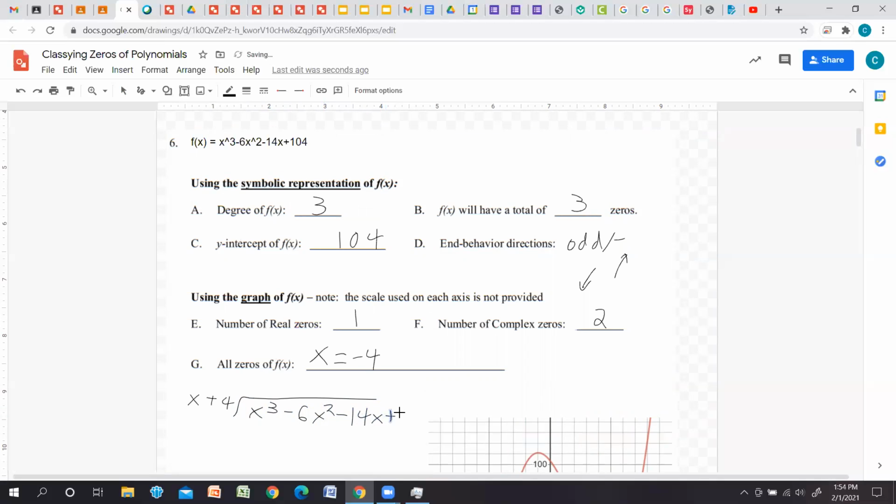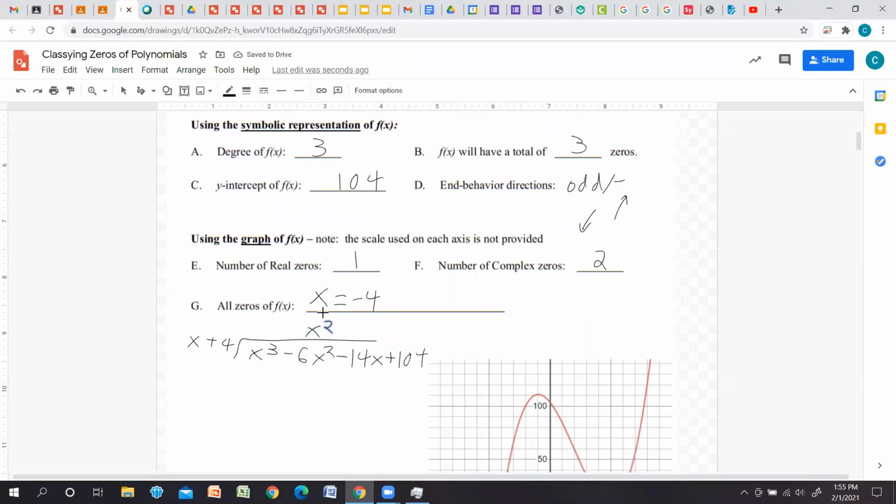So again, we just think, what is x cubed divided by x? It's x squared. You multiply this x squared times the divisor, so that's x cubed plus 4x squared.